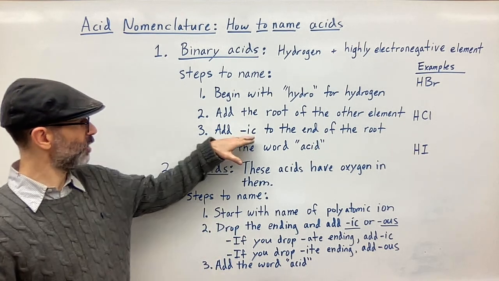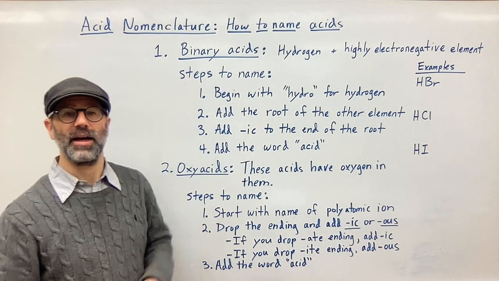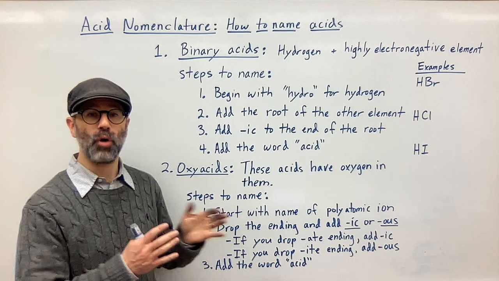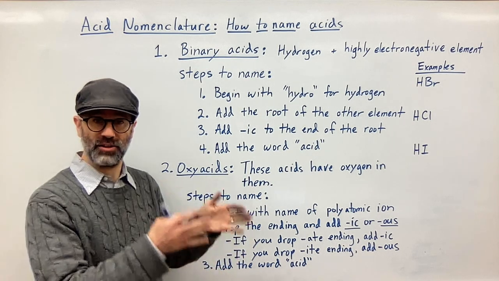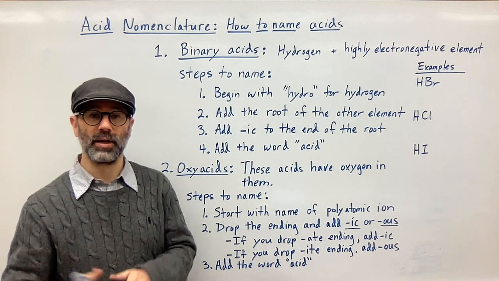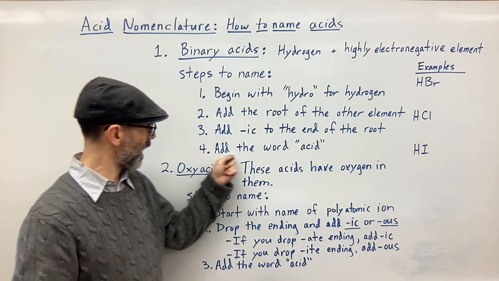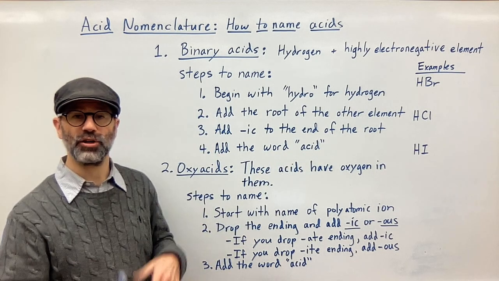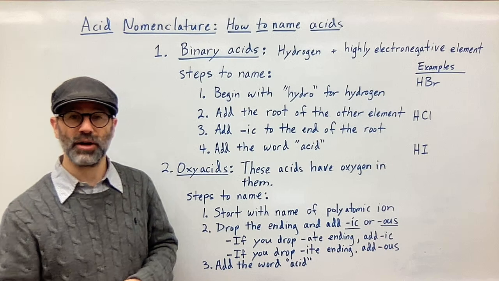Second, you add ic at the end of the root. Brom is the root of bromine, and then you add ic, so it becomes bromic. And then you just add the word acid.